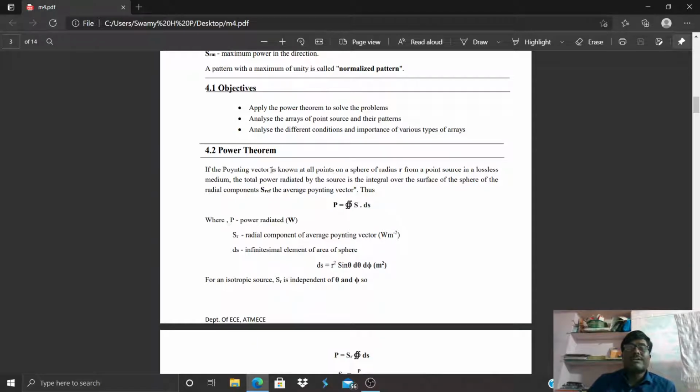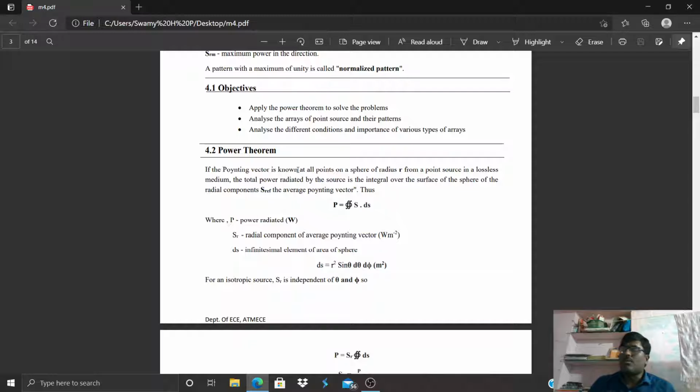If the Poynting vector is known, you know what the Poynting vector is. In space, at a point at a distance r from the antenna, you measure the power per unit area, which is called the Poynting vector.